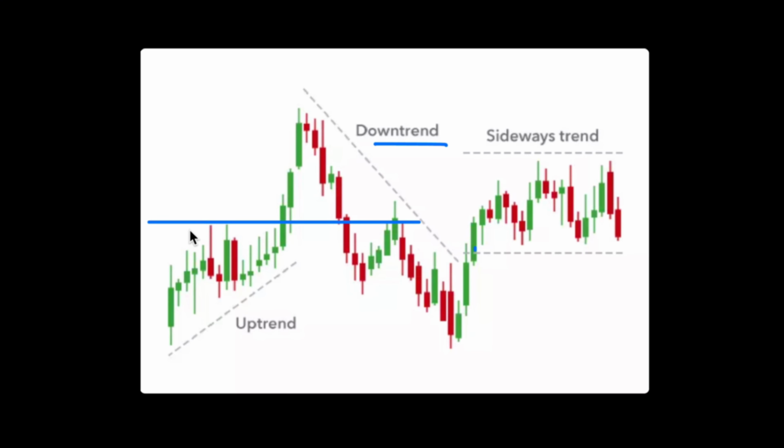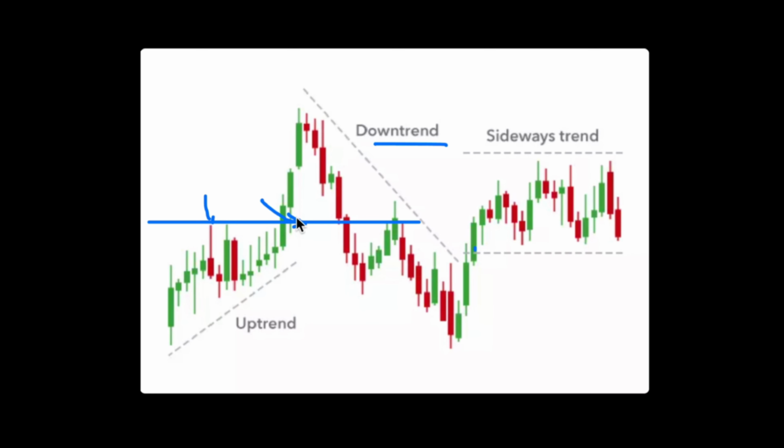Now, what you want to actually get involved in is either an uptrend or a downtrend. And you want to make sure that you're buying at resistance turned support, like so here, where you see price was in an uptrend forming higher highs and higher lows, and then it broke this resistance here, right?